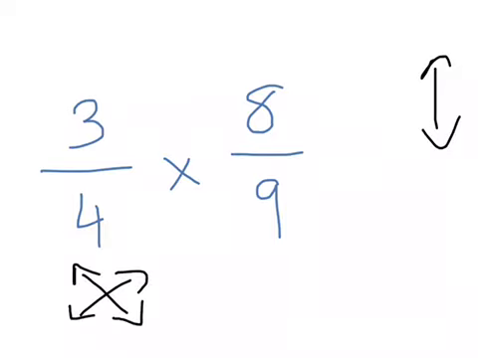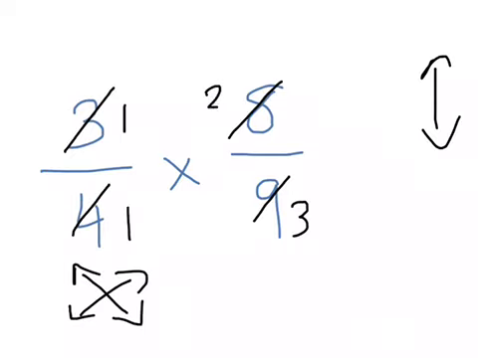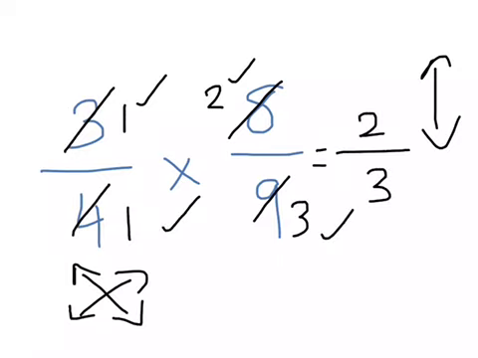Looking over here, 3 goes into 3 one time, 3 goes into 9 3 times. We've also got 4 goes into 4 once, 4 goes into 8 twice. Looking at all the numbers that I have left, top times top, 1 times 2 gives me 2, and bottom times bottom gives me 3. We'll do one more example like that.